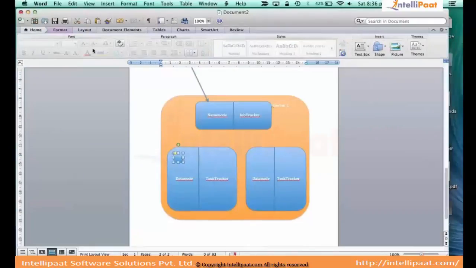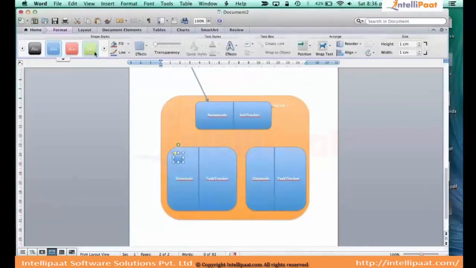So we may have 3 original blocks here and 2 on this data node, and replicated blocks.